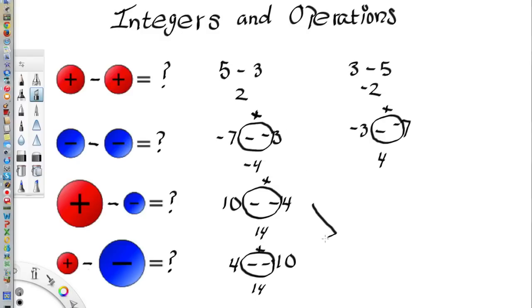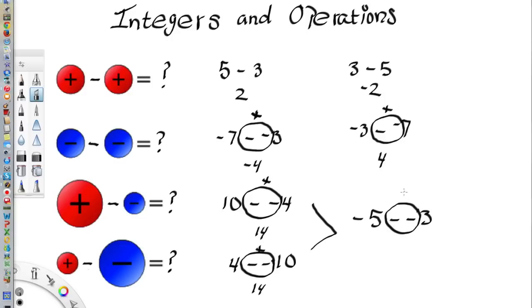And the only other combination you might see is, let's say I have a negative number, let's say negative 5, and I want to subtract a negative 3. Well, in that case, again, I have a double negative.